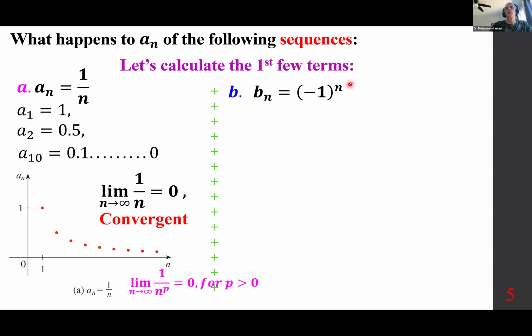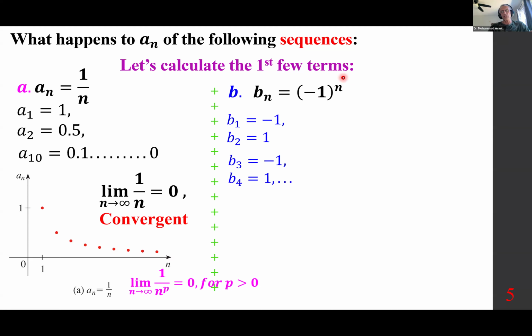What about here? Let's plug in 1. If I plug in 1, I get -1. If I plug in 2, I get +1, because -1 quantity squared. If I put 3, I get -1. If I put 4, I get +1. So as it appears, it's -1, +1, -1, +1.